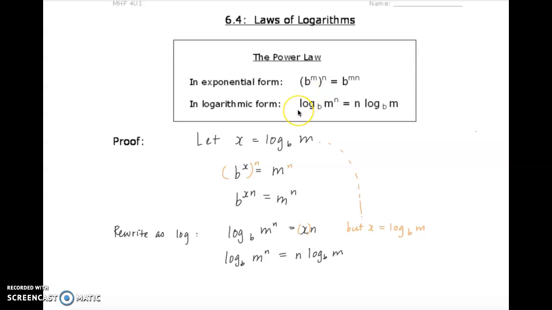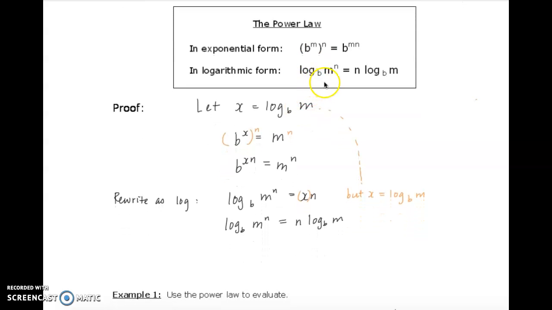Now in log, we can write log of m to the power of n base b as n times log m base b. So essentially the exponent of m to the power of n can be brought down to become a multiplier of log m base b.